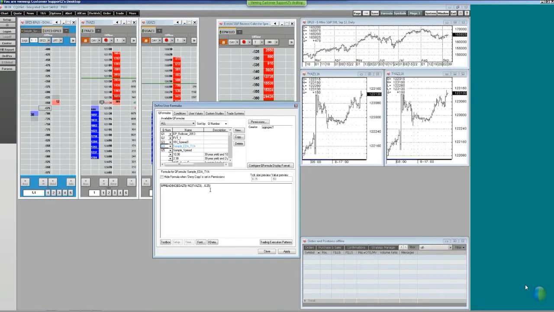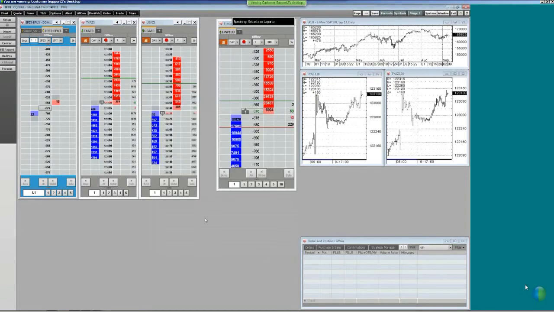It's essentially the same process. As long as we have a trading interface open, our ladder can be found here under DOM Trader. The process consists of logging on, typing in the username and the password, enter, and we're logged on.